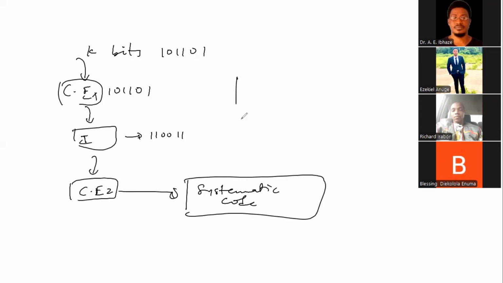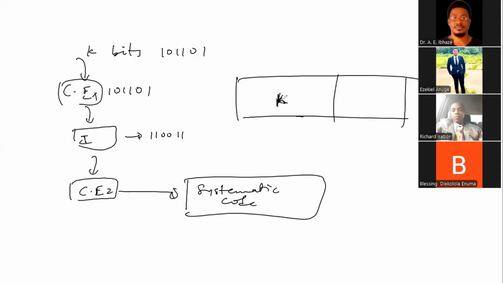And we already know what a systematic code is. I'm sure we mentioned that in our introductory class, where the message bits, K rather, are distinctly separated from the parity check bits. Okay. Now, this is how the turbo code encoding operates.